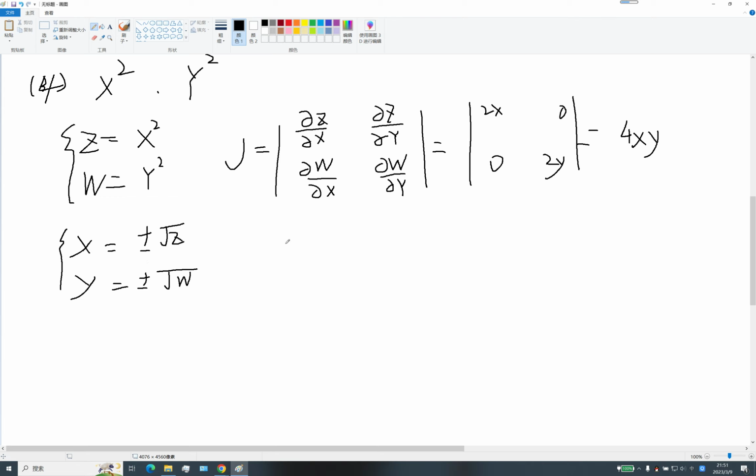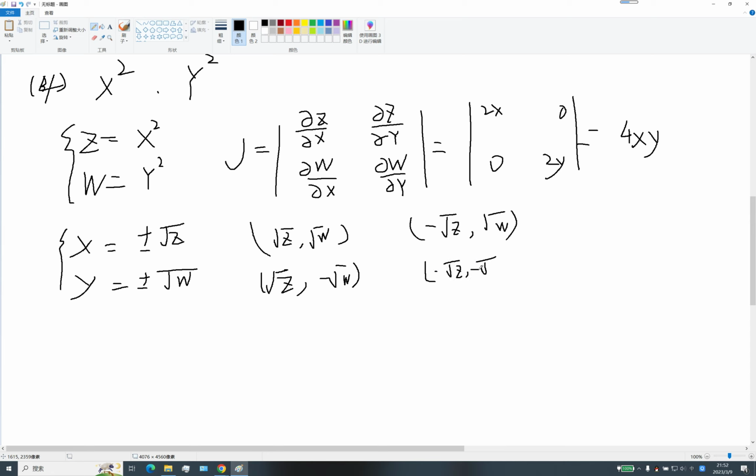The first root is positive z and positive w, and the second is negative z and positive w. The third is positive z and negative w, and the fourth is negative z and negative w.